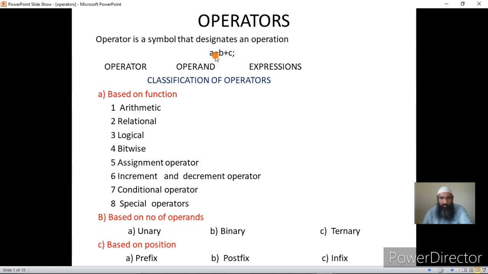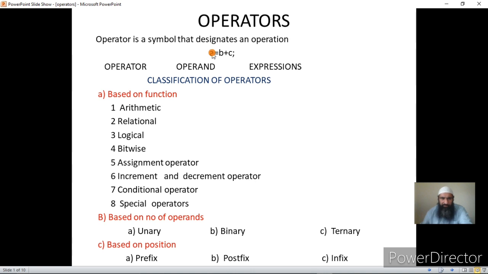Like we have an equal to operator, that is the assignment operator here, that assigns the value of addition, that is B plus C, to the A. Now, assignment operator as such does not perform any calculation.